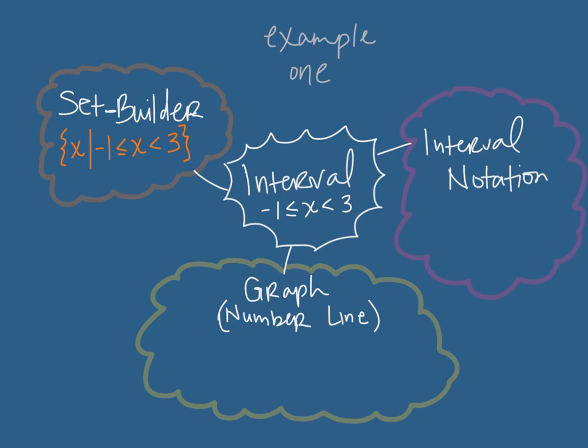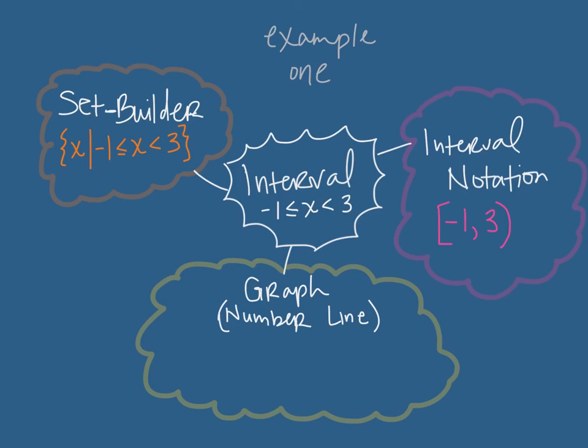Our interval notation won't have infinities. Our interval is going from -1 to 3, and we're going to have the brackets around -1 because it's an or equal to, and we're going to have the open parentheses around the 3 because it's just a less than.